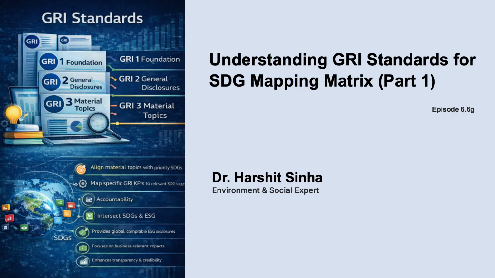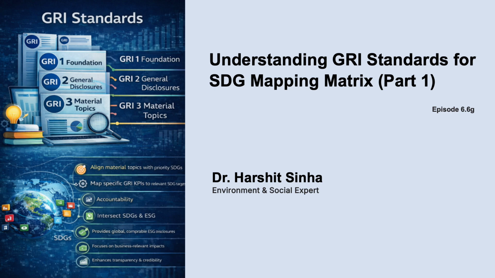They ensure that SDG alignment is grounded in real economic, environmental, and social impacts rather than broad or symbolic references. Through GRI 3, organizations identify and prioritize material topics, which then serve as the primary entry point for selecting relevant SDGs.